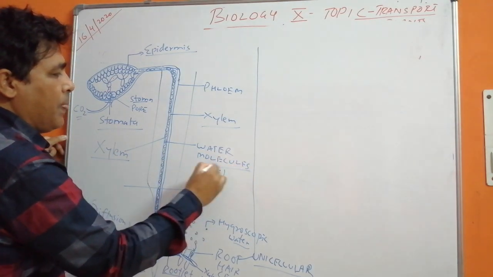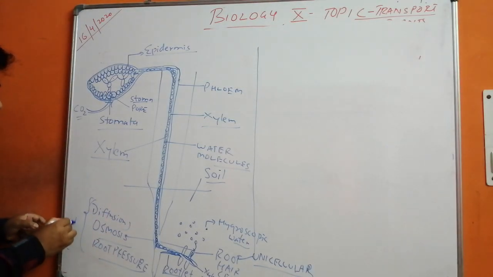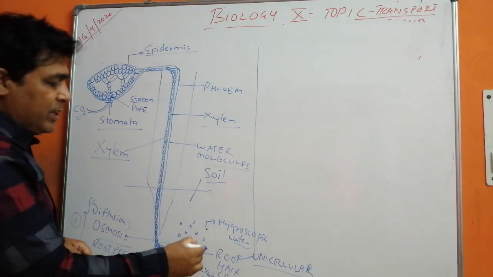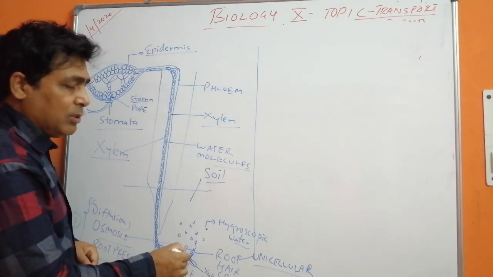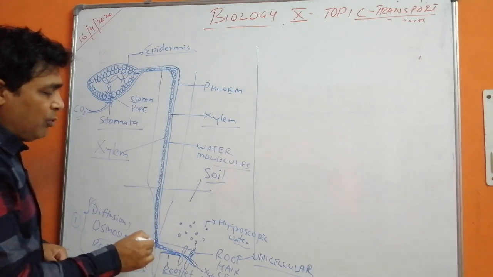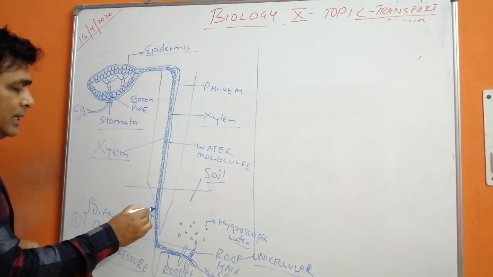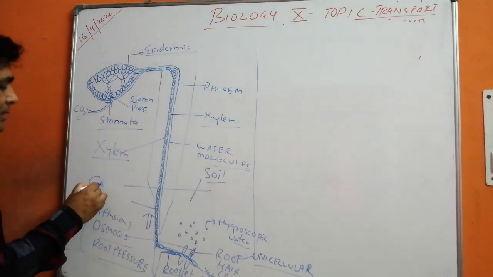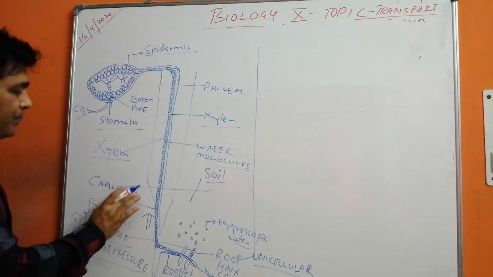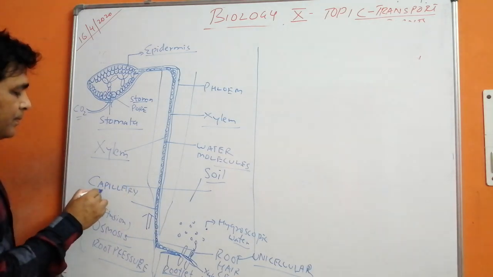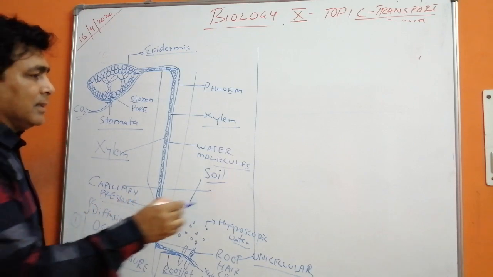molecules. Now children, what is happening here is the first process is osmosis, which moves the water from the higher concentration through a membrane into the cells. Then the water will move and push the water. Here there is capillary pressure. What is capillary pressure?